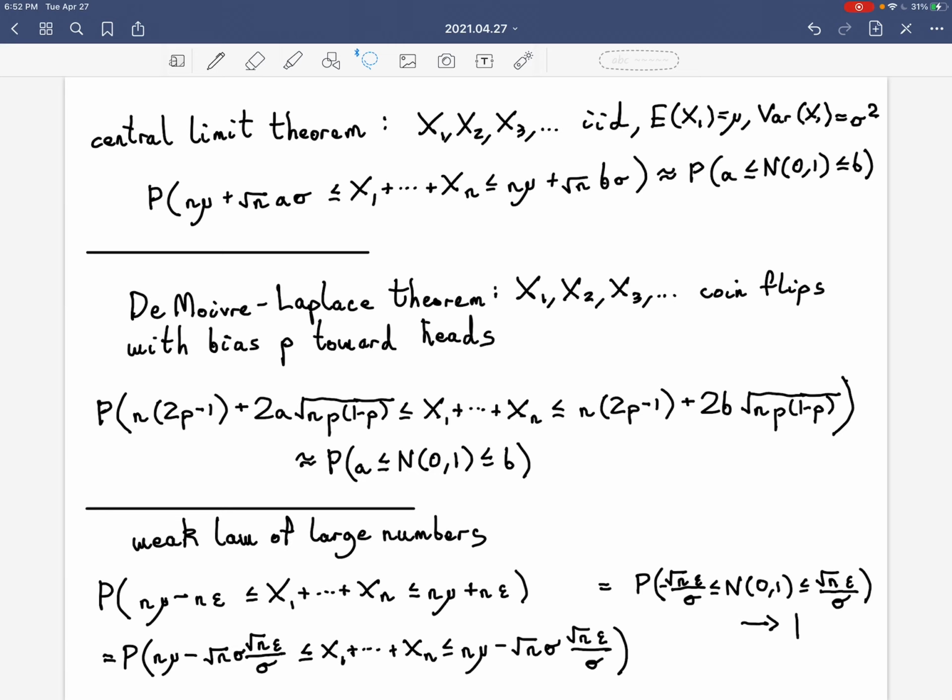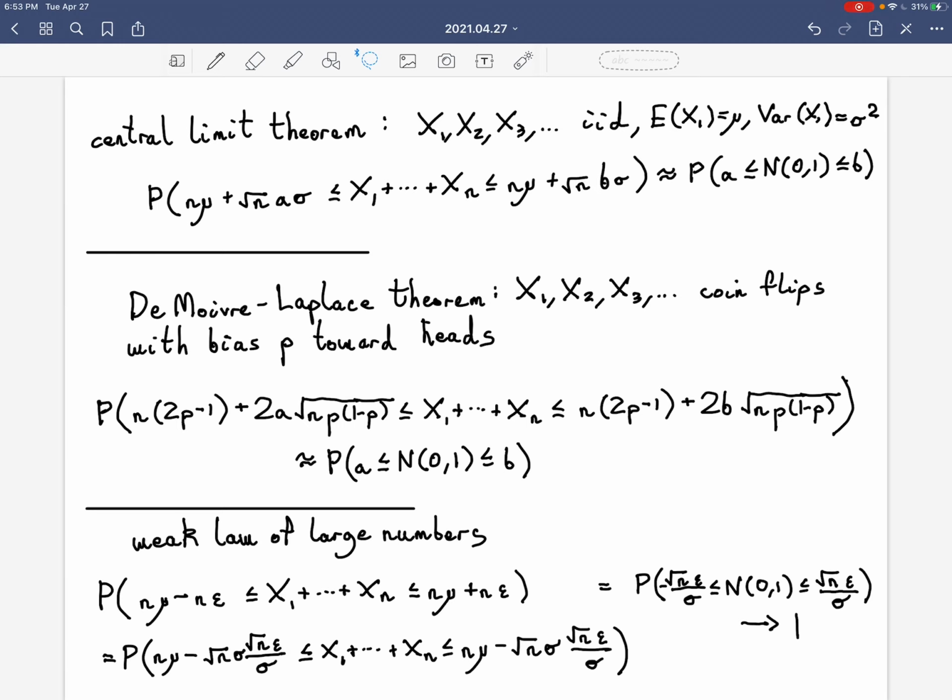And then we had to multiply the mean by the number of trials and the standard deviation by the square root of the number of trials.